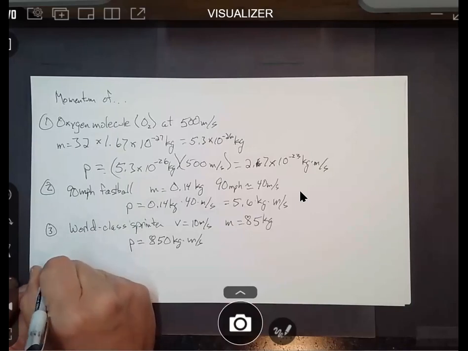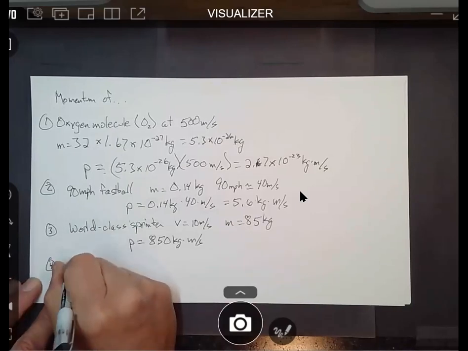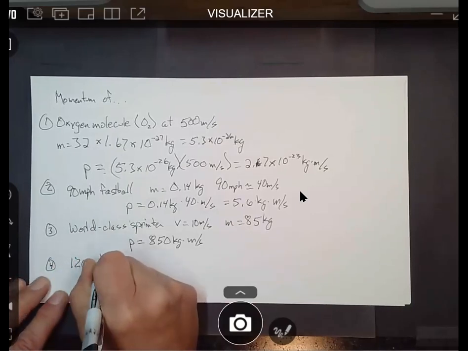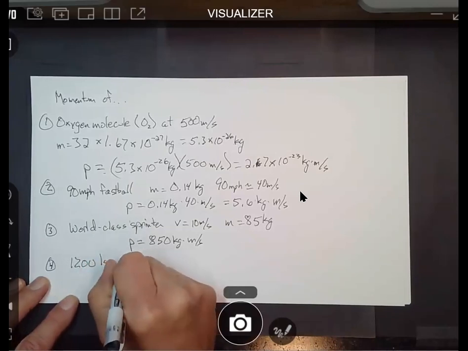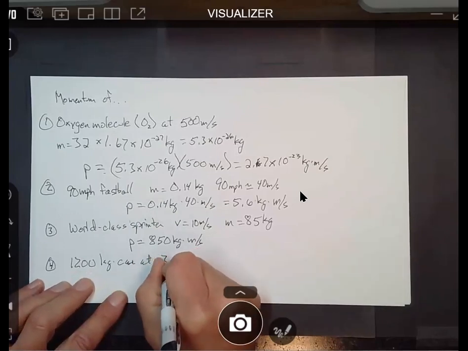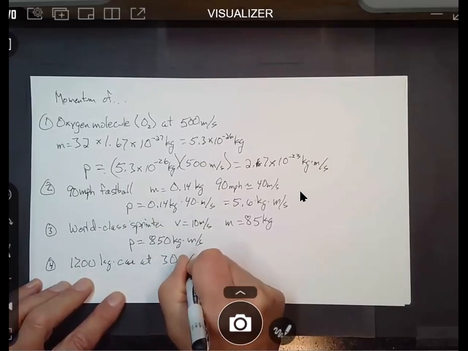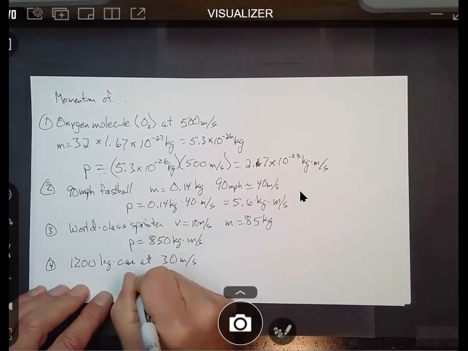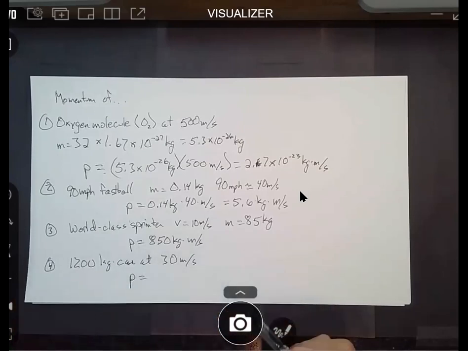Now let's just go to a car. A 1,200 kilogram car at 30 meters per second. The momentum of that, see if you can do it in your head. This is 3 times 10 to the first. This is 1.2 times 10 to the third.